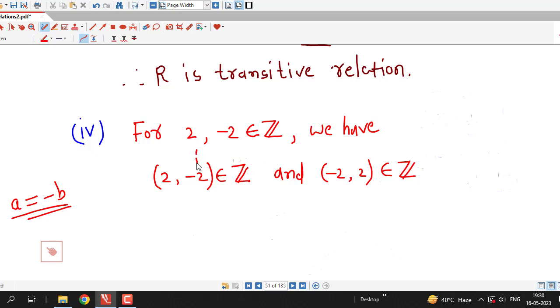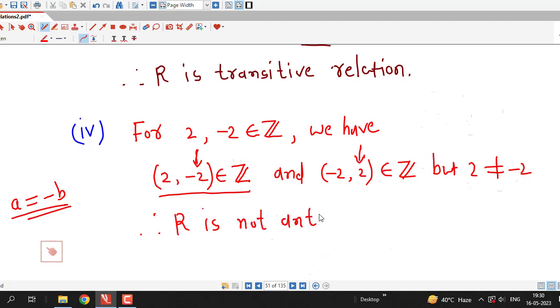If I take the negative of minus 2, I will obtain 2 here. If I take the negative of 2, I will obtain minus 2 here. So here 2 and minus 2 are different, and 2, minus 2 as well as minus 2, 2 belong to R, but 2 and minus 2 are different. So this implies that relation R is not antisymmetric.